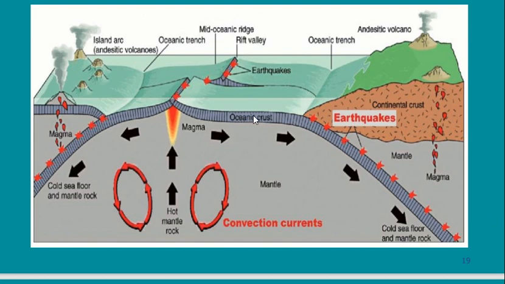So this oceanic crust will melt inside, and once it melts inside, what will happen? It will be part of this upper mantle or lower mantle, and then it goes up again and so on. So this is how the earth is cooled.